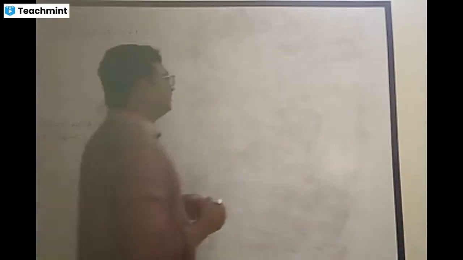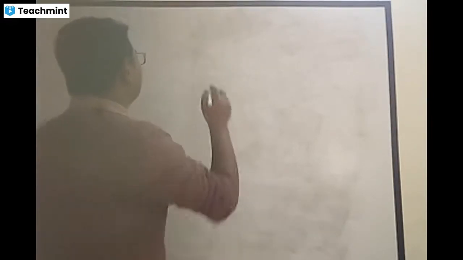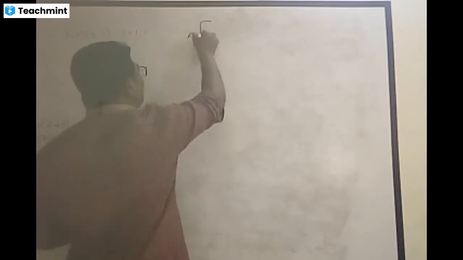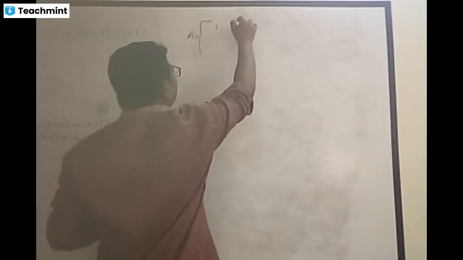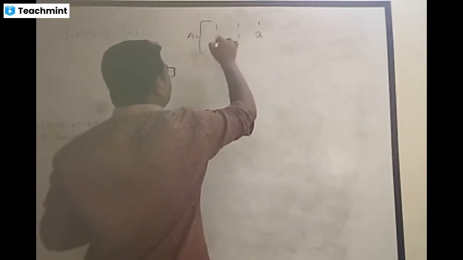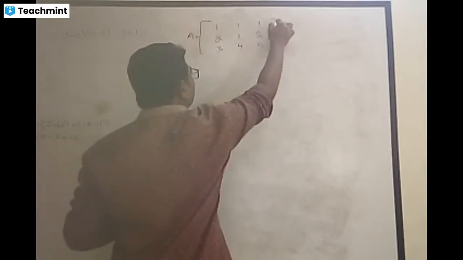Finding rank. I can try for a 3 by 3 matrix eigenvector. I am trying to find the eigenvector of the 3 by 3 matrix 1 1 1, 2 1 2, 3 4 5.